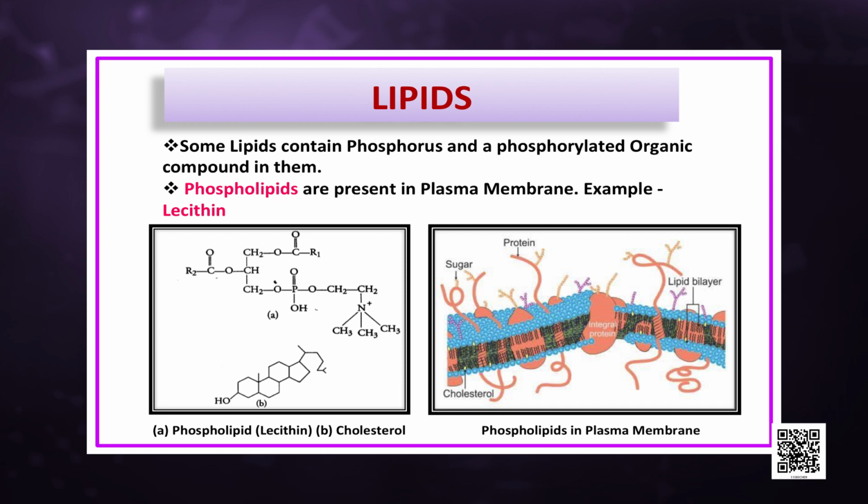It is made up of a lipid bilayer and proteins. This lipid bilayer contains phospholipids. Lecithin is an example of phospholipids. Phospholipids are amphipathic. The head is hydrophilic, that is, likes water, and the tail is hydrophobic, that is, it repels water molecules. The lipid bilayer is the basic component of all plasma membranes.